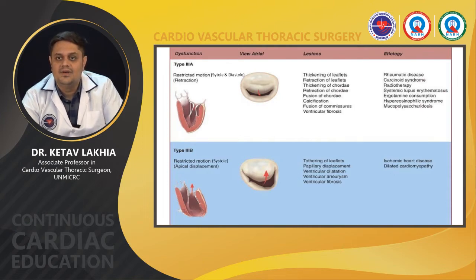Type 3A is mainly rheumatic disease. Other causes are carcinoid syndrome and radiotherapy. In type 3B, it is mainly because of either ischemic heart disease or dilated cardiomyopathy.